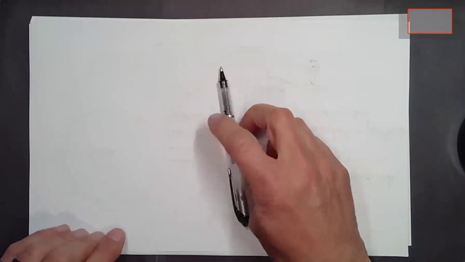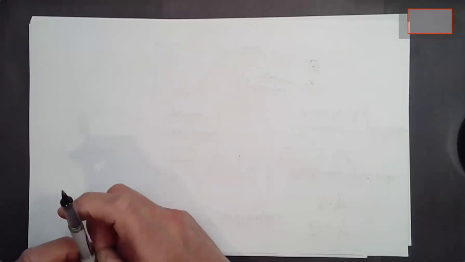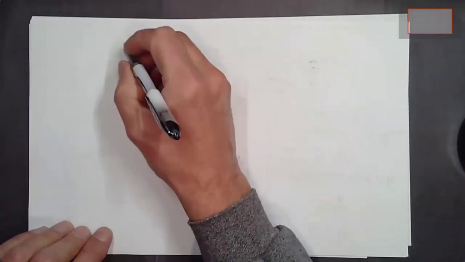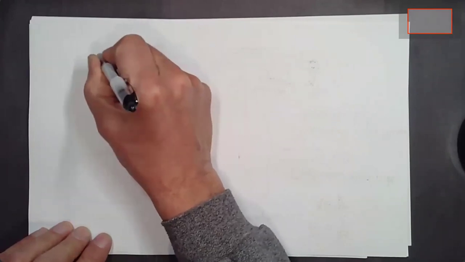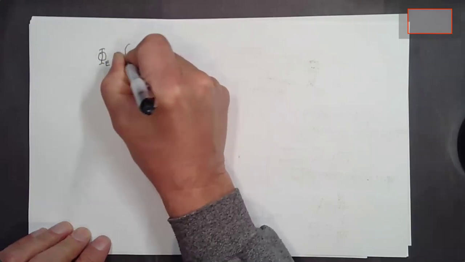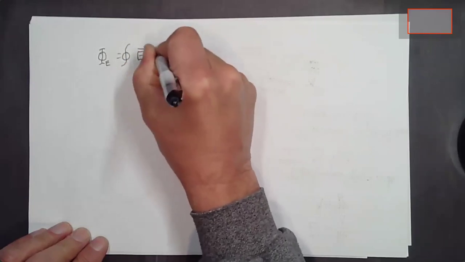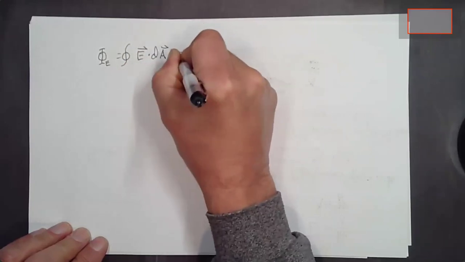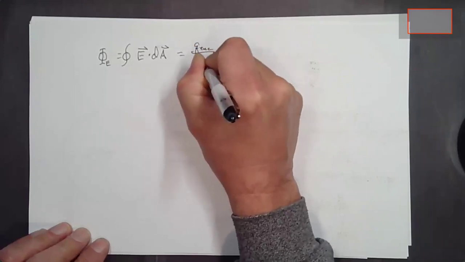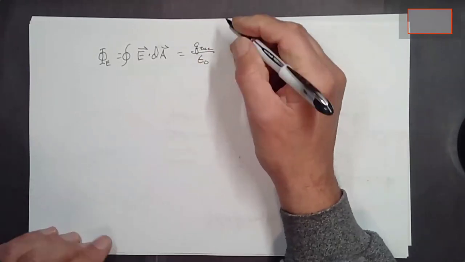And there's a magnetic corollary to Gauss's law. If you remember for electricity, the flux of the electric field is an integral over a closed surface of E dot dA, and that equals the net charge enclosed by the surface divided by epsilon naught.